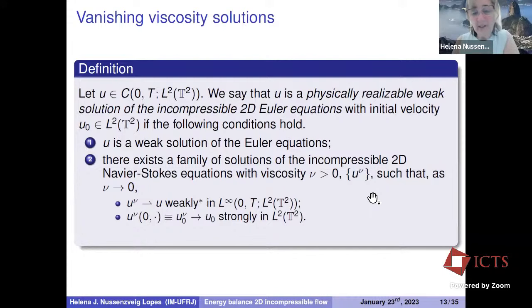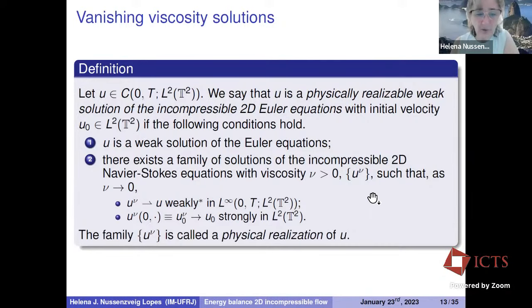The initial data converges strongly in L2. Okay, so this is a vanishing viscosity solution or a physically realizable solution. Each family u nu, which converges to the weak solution, is called a physical realization of U.